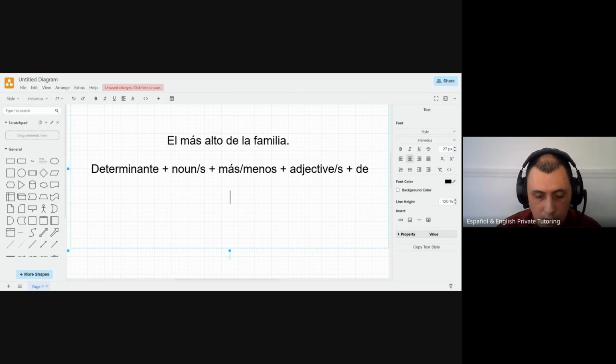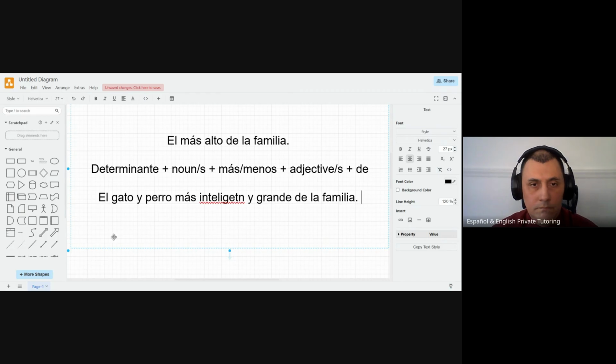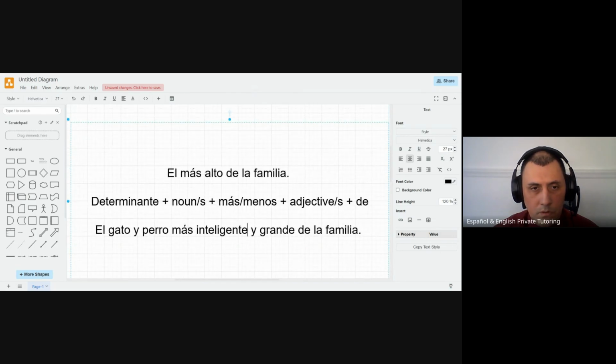It would be el gato y perro más inteligente y grande de la familia. El gato y perro más inteligente y grande de la familia.